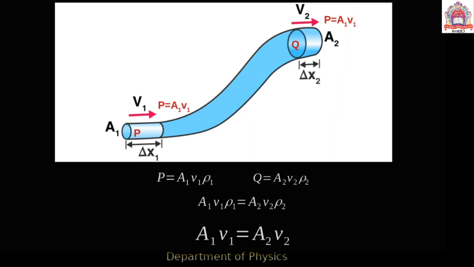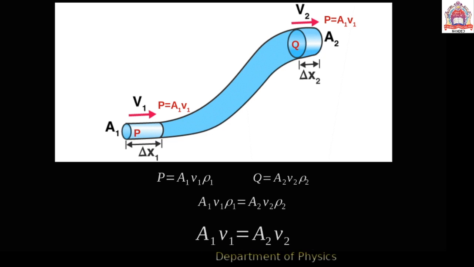Suppose you are watering the garden. When the water tap is open, the flow of liquid through the pipe remains constant, although the pipe is in curved form, because the diameter of the pipe is the same throughout the section.